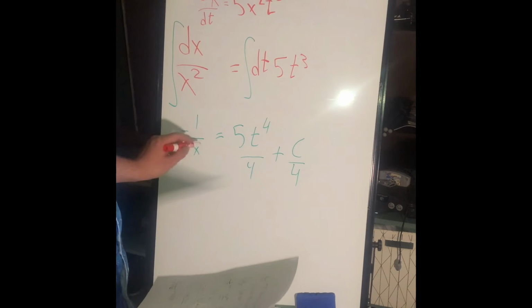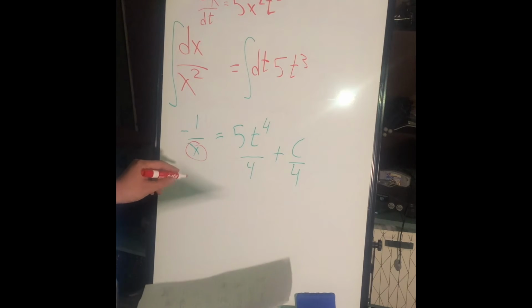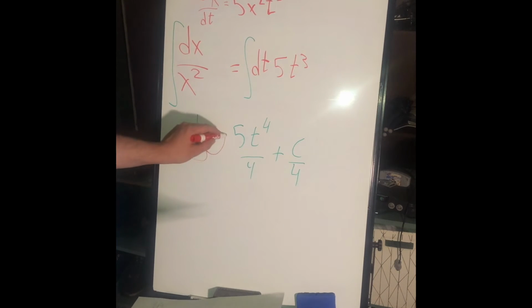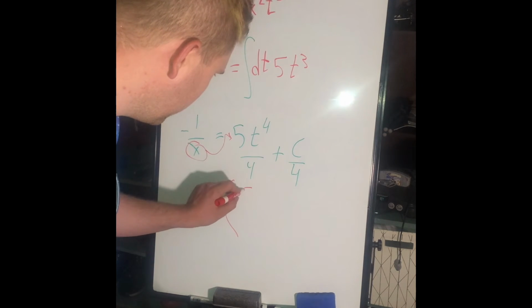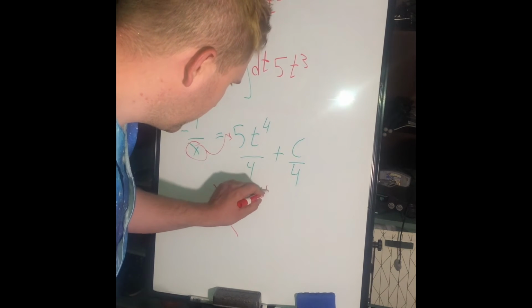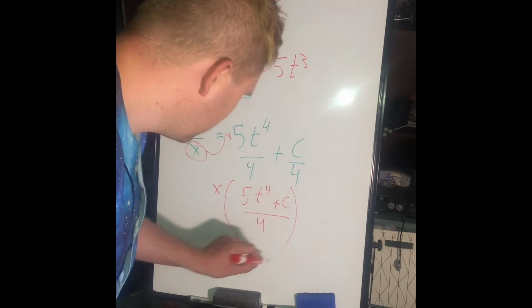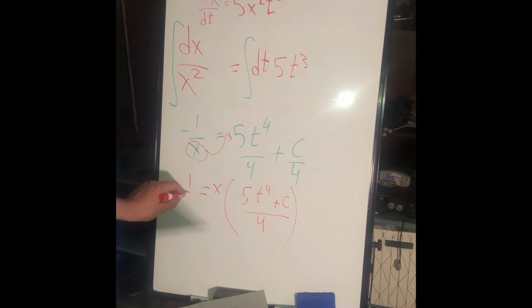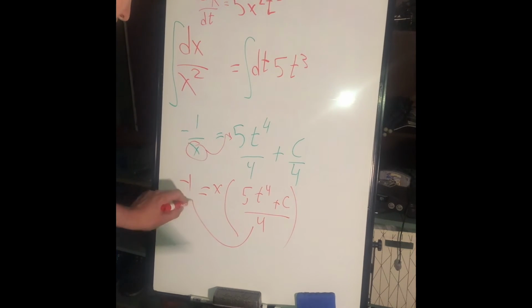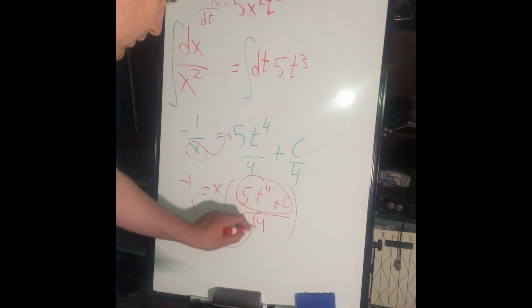And now we're solving for x, so we're going to multiply it onto this side. So we have x times (5t to the 4th plus c) over 4 is equal to -1. And we're going to multiply and then divide by this term.